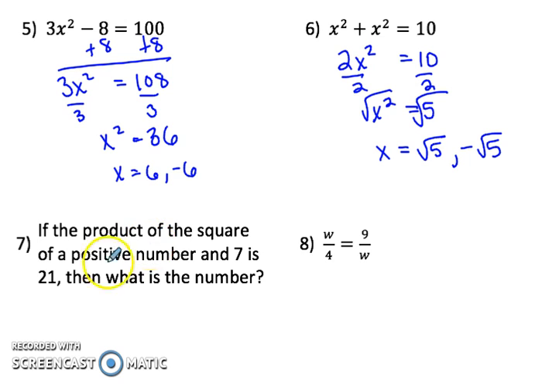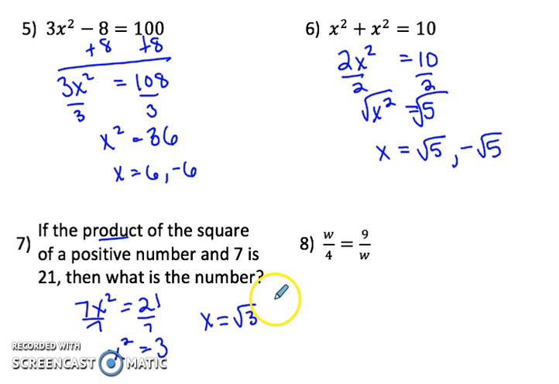On this one, the product of the square of a positive number and 7. Okay, well, product, remember, means multiply. So I'm going to multiply 7 and I'm going to multiply x squared. And then it says is 21. So that's just my equals 21. Then what's the number? Okay, so I divide by 7 on both sides, so I get that x squared is equal to 3. Take the square root, and I get that x is equal to square root of 3.